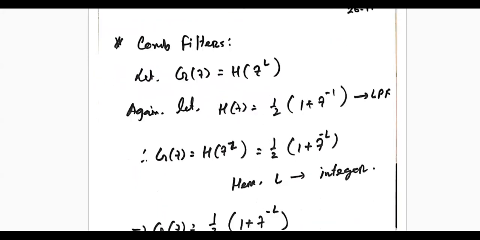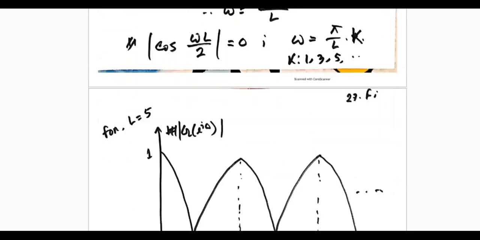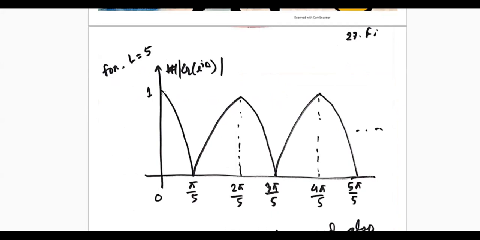First of all, let me show the magnitude response of a comb filter. So this is a comb filter. It can look like this, or it can look like this. That means you can design some filter like this as well, the opposite in nature. Whatever the case, it looks like a comb. What is the purpose?